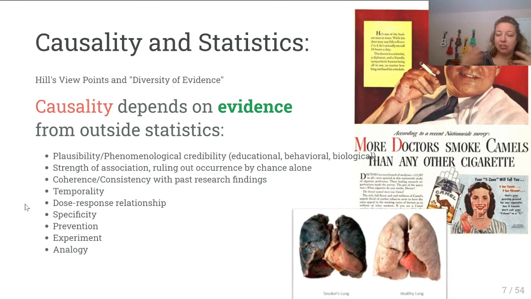And so that's what the dose response is, that you have more risk of the outcome with more exposure to the cause. Specificity: that's the only thing or the primary thing that causes it. And prevention is key. So in the smoking, we saw that once people stop smoking, their risk for lung cancer starts decreasing. So it's something that we can prevent or step into and reduce the direct effect of smoking.